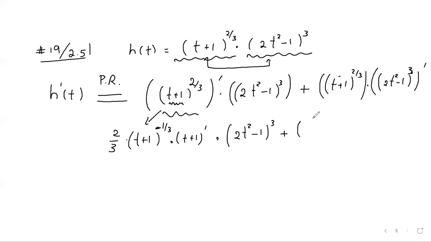And then over here, we have t plus 1 to the 2/3 times, and then you have this guy prime, which is again with a chain rule for here. So it's 3 times 2t squared minus 1 squared times, and this is one of those few times where I'm going to say times what, folks?